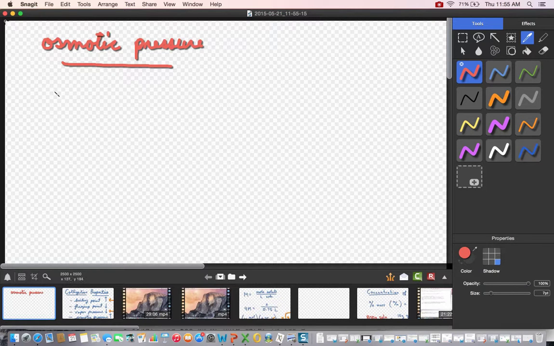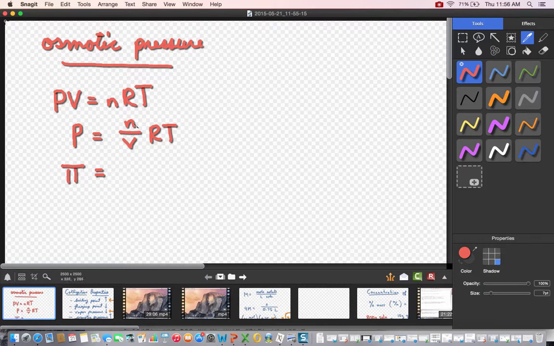By the way, if we looked at the gas law, PV equals nRT, and we solve for pressure, we get P equals n over V times RT. We call this pressure pi, and we use capital Pi. Moles per unit volume is molarity.